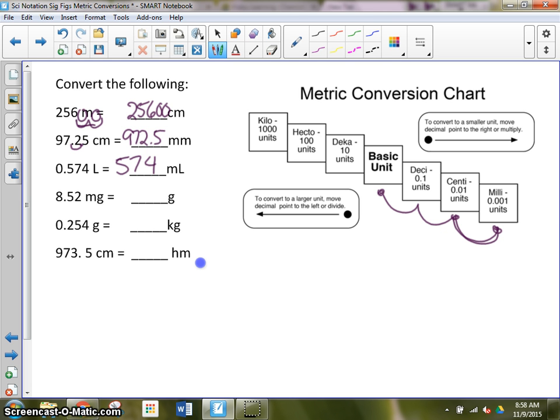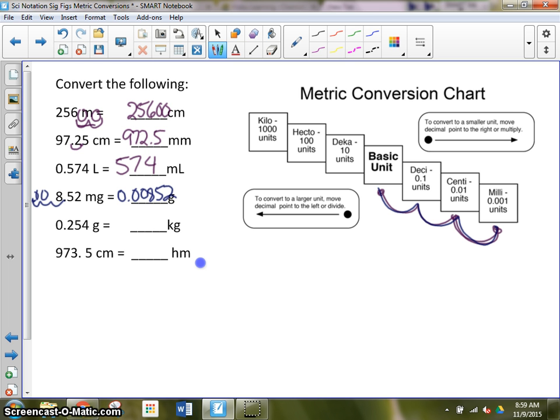All right, the next one, the first time we're going to go to the left. I'm going to start at milligrams, and I'm going to move to grams. That's 3 places to the left, which would give us 0.00852 grams.